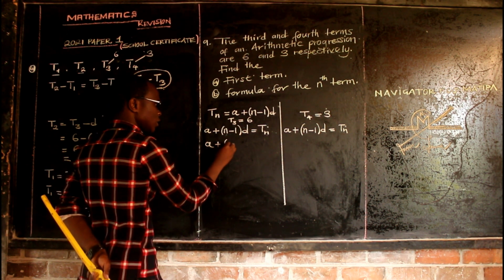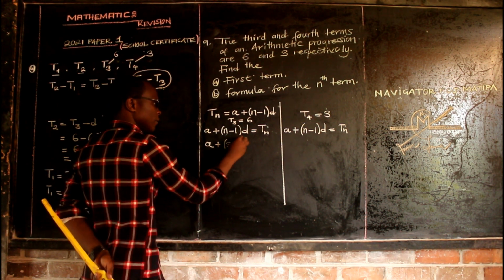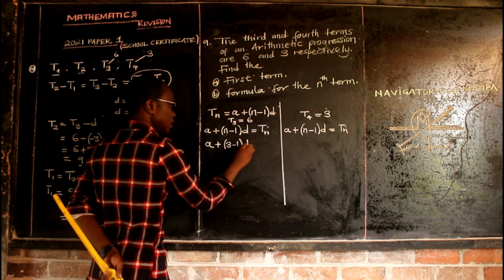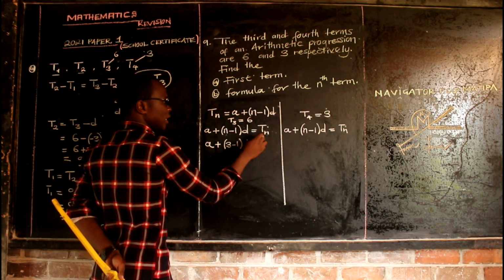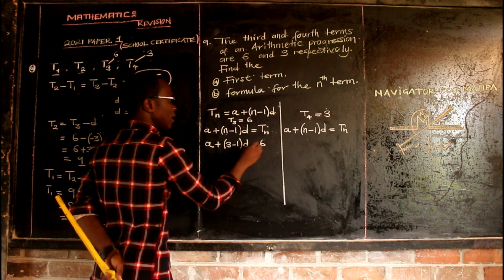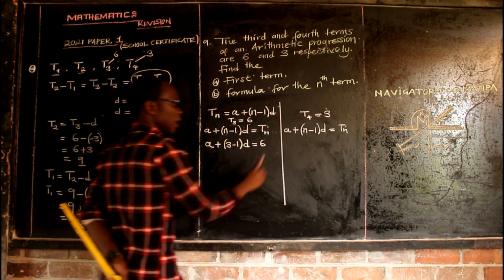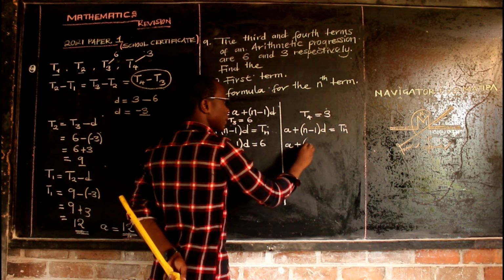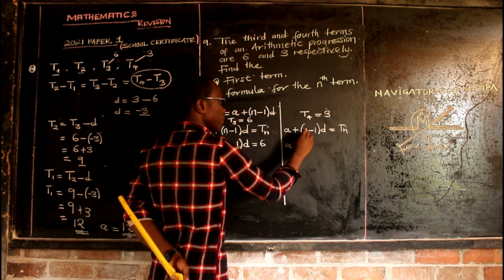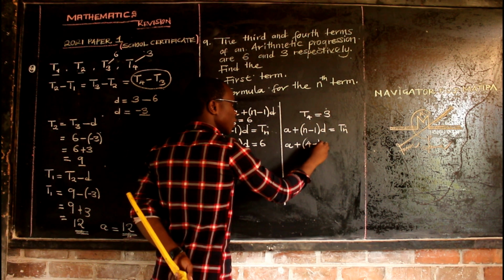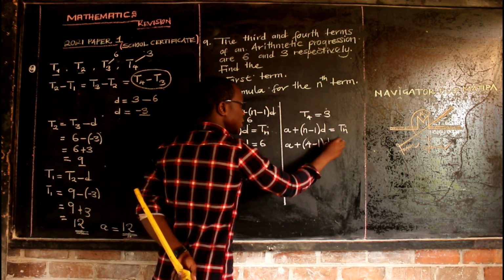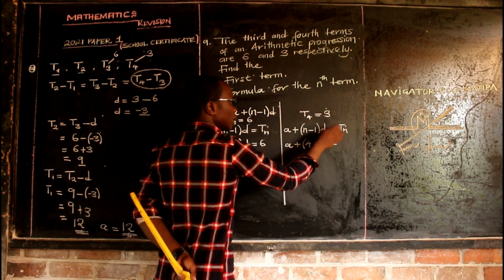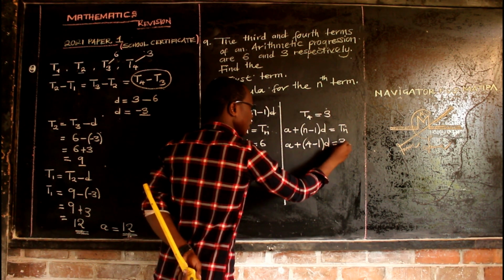Okay? So we are going to say a plus, where there is n you put 3, term number 3. So you say 3 minus 1 close d is equal to, where there is tn you put 6. You have been given the third term is 6. Even on the other side you say a plus, open brackets, where there is n you put 4, term number 4. So 4 minus 1 close d is equal to tn. The term number 4 is 3, so you put 3.